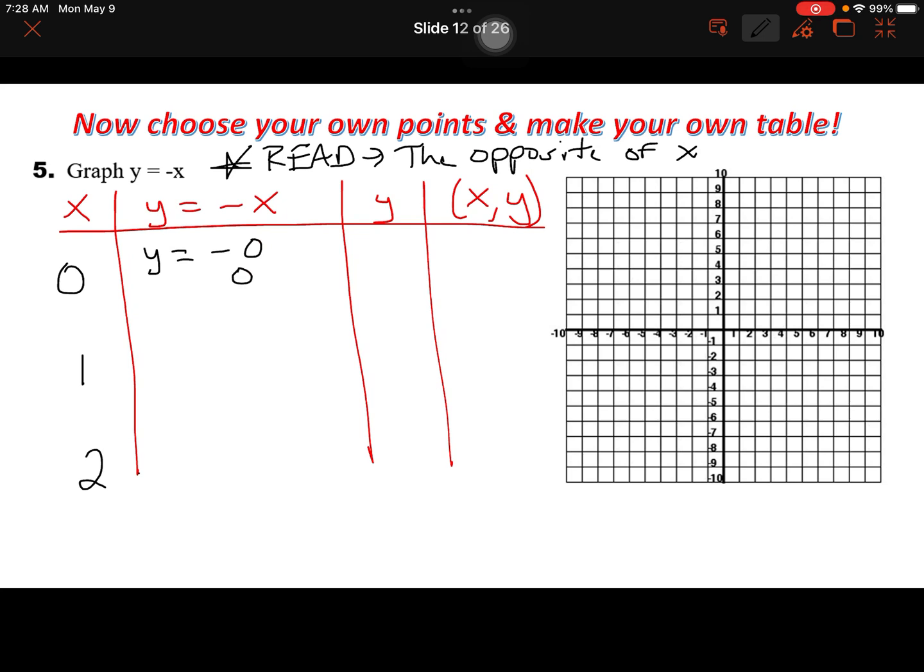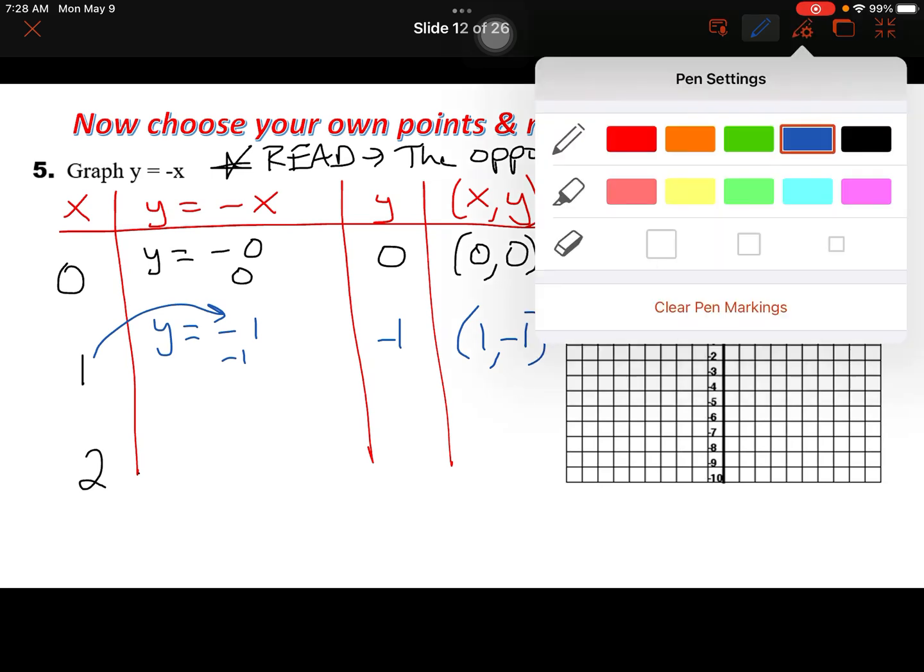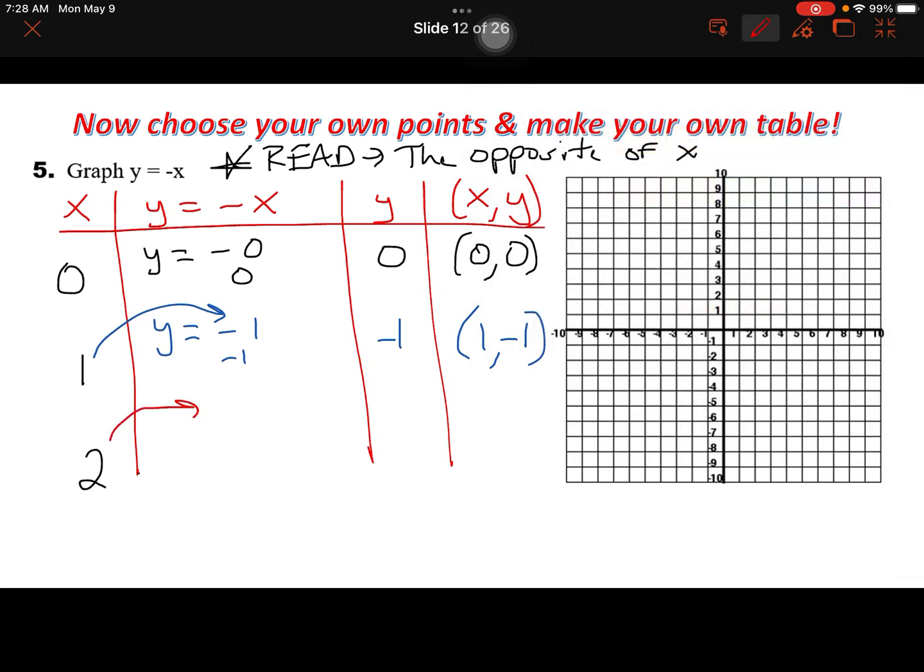It is the opposite of 0, which is just 0, and so the ordered pair is 0, 0. So we look at the next one, y equals the opposite of positive 1, which is just negative 1, so it's 1, negative 1. And then finally on this one, it is going to be the opposite of 2, which is negative 2, and so it's 2, negative 2.